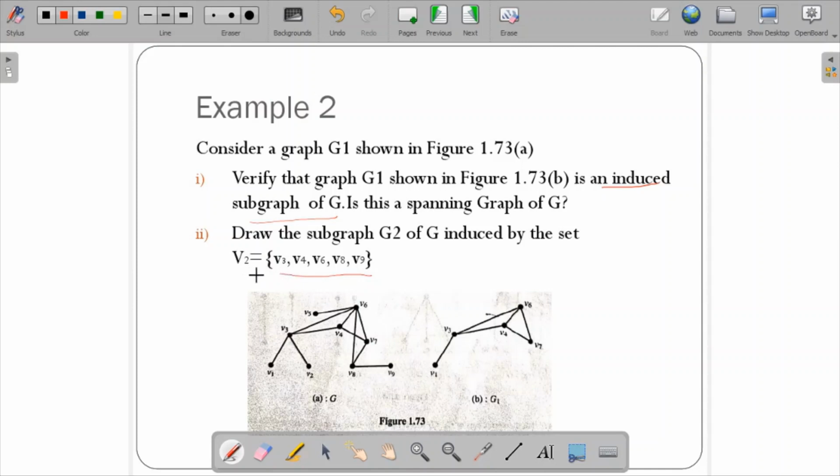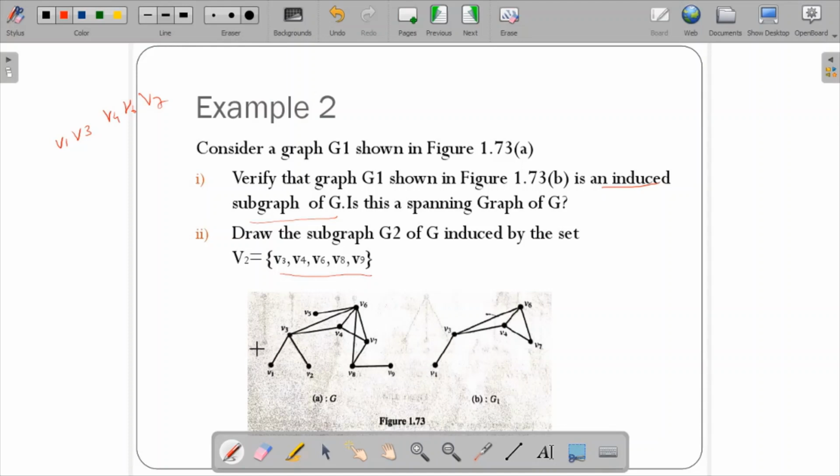So first we'll see the first question. Verify that the graph G1 shown in figure 1.73 is an induced subgraph of G. He has mentioned the vertices v1, v3, v4, v6 and v7. Whatever the edges for these vertices are, we'll check whether they are there in this particular graph. Here v1 has one edge going to v3, yes.